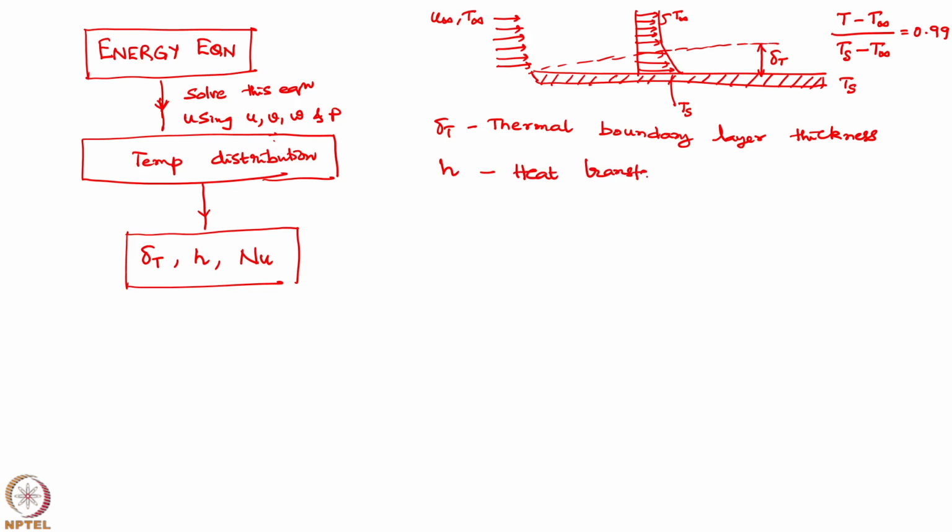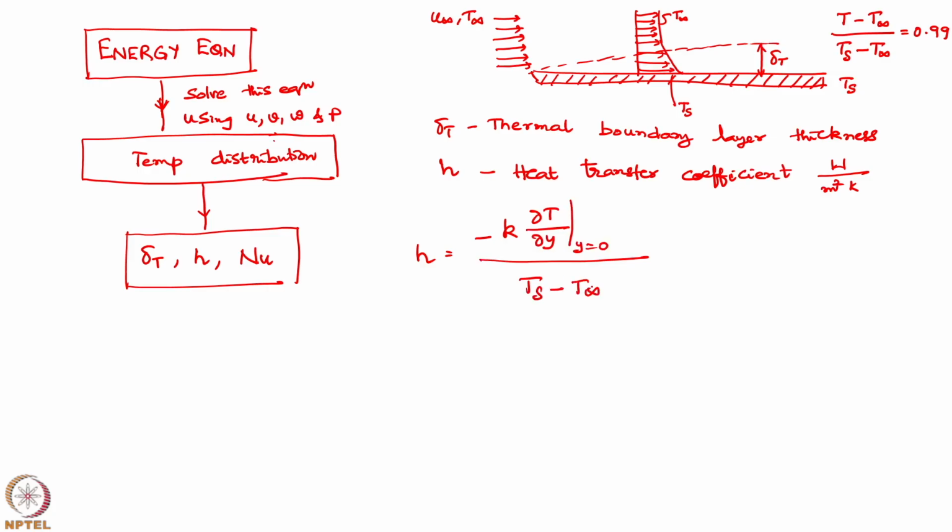How do I get the heat transfer coefficient, whose unit is watt per meter squared Kelvin? h is minus K dou T by dou Y at Y equal to 0, divided by Ts minus T infinity. Using this temperature distribution, you can compute this minus K del T by del Y. So, you can get the heat transfer coefficient.